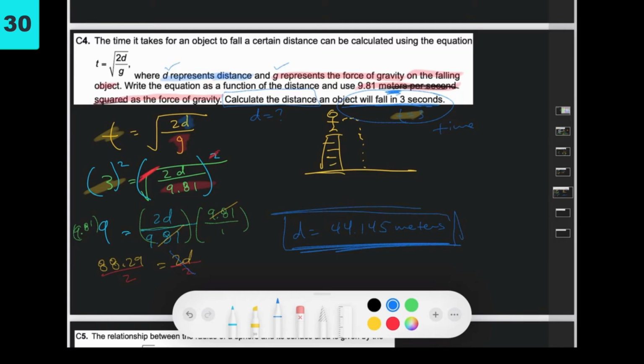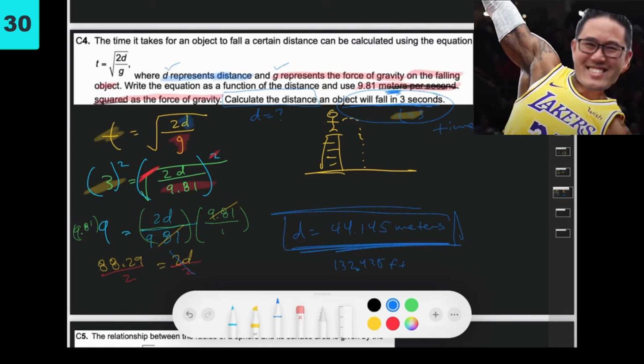Okay, so what does that mean? We normally don't think of meters. So let's just say, if you have those meter sticks from your science class and it's 3 feet, that's 132 feet. I'm just trying to give you guys context or understanding, right? That means you're on some very tall platform.